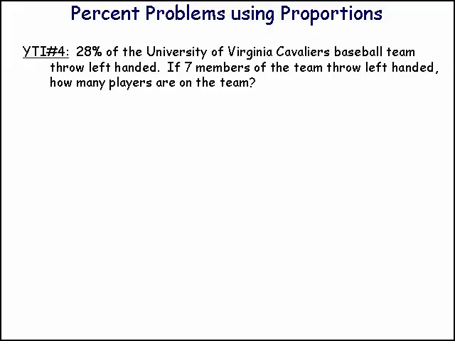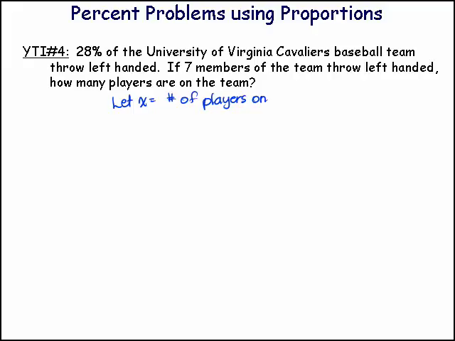This is you try it number 4 in your book. 28% of the University of Virginia Cavaliers baseball team throw left-handed. If 7 members of the team throw left-handed, how many players are on the team? So what are we trying to do? Let x equal how many players are on the team, the number of players on the team.